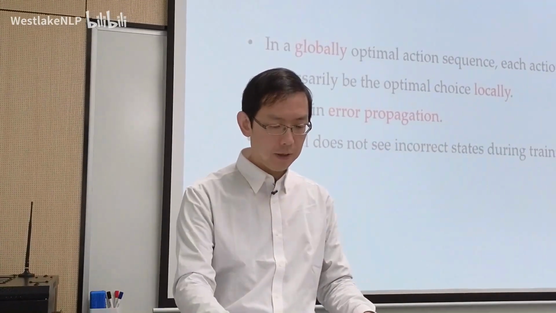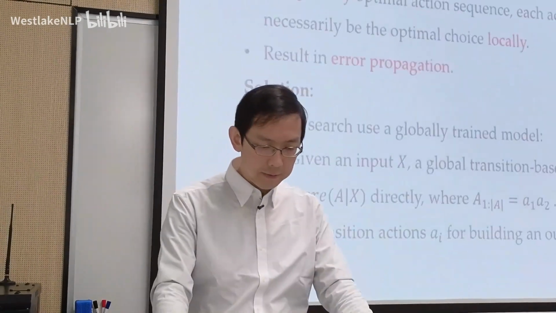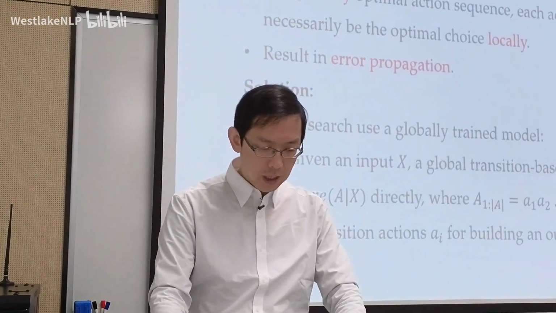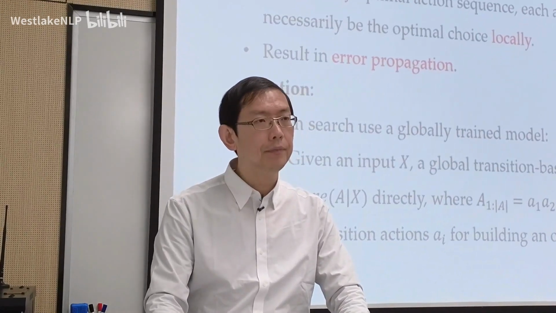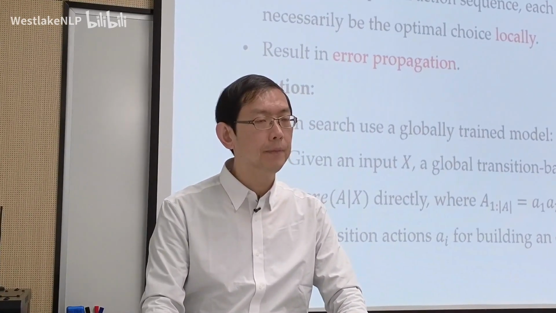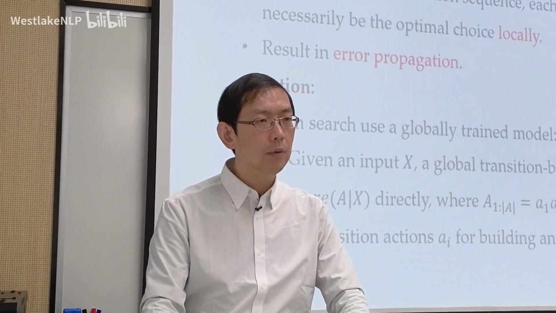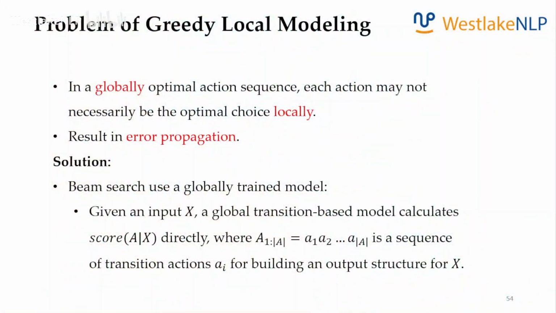This is something you would have encountered in chapter 9 if you read the textbook. One method is to build a global model with beam search. So the global model takes the total score of every action in the sequence as the action sequence score, okay?